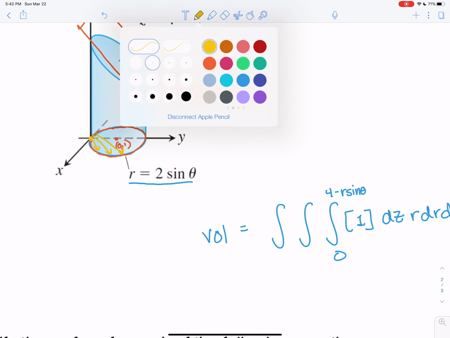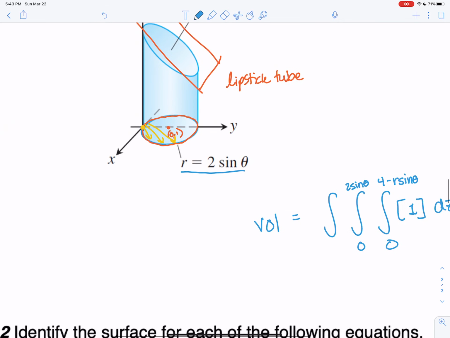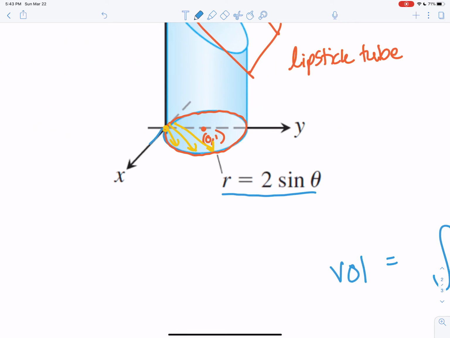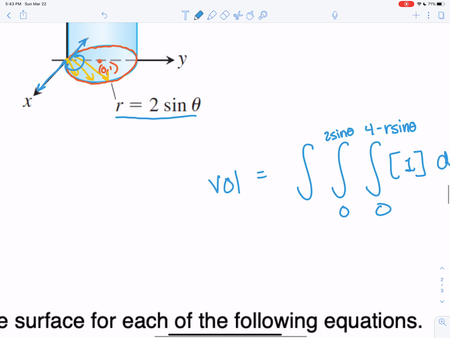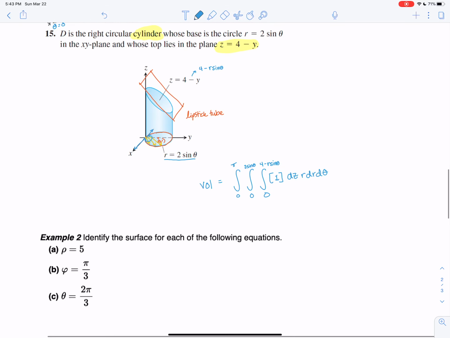That's pretty easy. And then for our angle, theta will go from 0, because we start there, and go all the way around to pi. So it's from 0 to pi, and that will give us that whole lipstick type region. So that's how we calculate the volume.